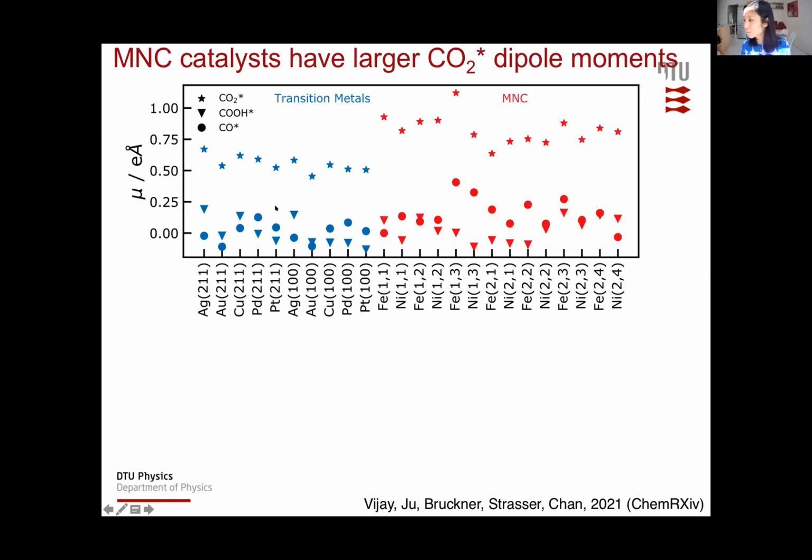I illustrate this more explicitly here with the dipole for a variety of different transition metal facets, as well as both iron and nickel in a variety of different single and double vacancy sites with different nitrogen coordinations. What we can see here is that in general, we have larger dipoles for this critical CO2 intermediate on the single atom catalyst.